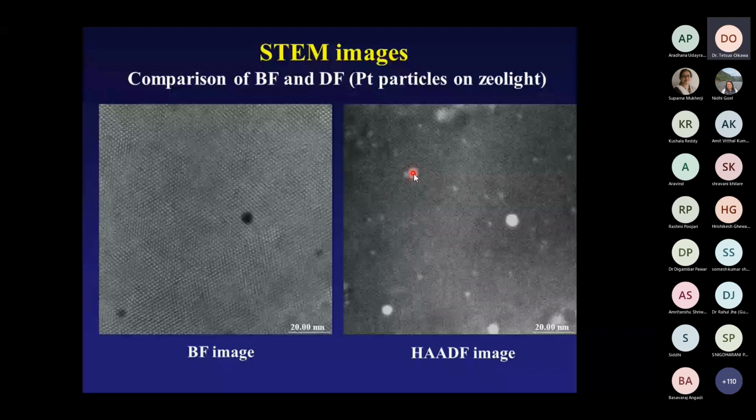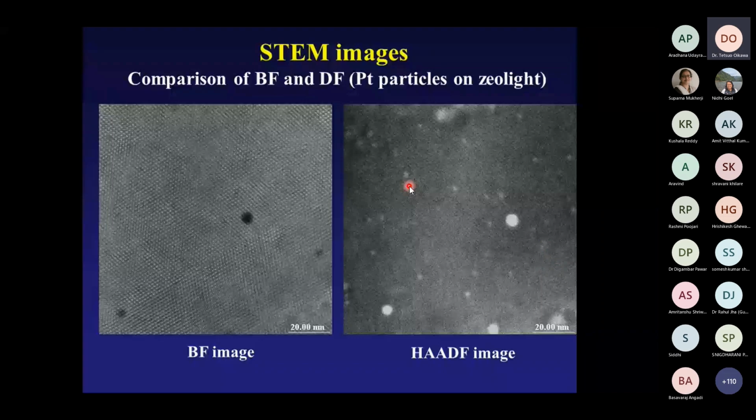Even the small particle, we can clearly observe the white contrast, like a star in a dark sky. This is why high-angle dark field STEM imaging is very convenient to observe heavy element distribution in a light element combination.